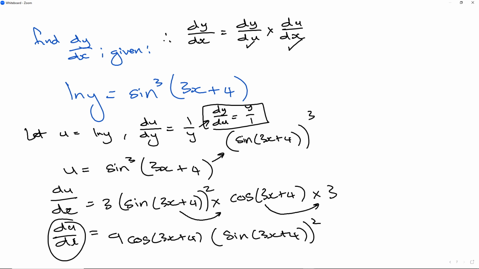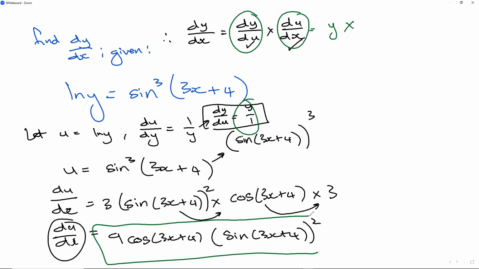Let's just substitute it in, and let's see if we can simplify it, and if we need to go any further in that. So from this here, I'm going to substitute dy du, which is y. I'm going to multiply it by du dx, which is this whole thing over here, which is going to be 9 cos 3x plus 4 sine 3x plus 4 all squared, over 1.